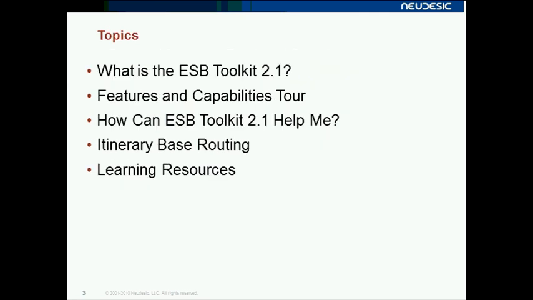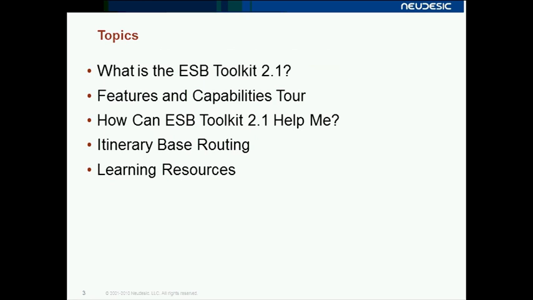So what we're going to cover today, first we're going to just talk a little bit about what the ESB Toolkit 2.1 is. Again, it's not a widely known feature of BizTalk, so we're just going to cover and get some ideas of what it is. Then we'll go into some features and capabilities to understand what you're going to get from the ESB Toolkit. And then talk about what are the benefits, why would I consider using ESB Toolkit in my environment.